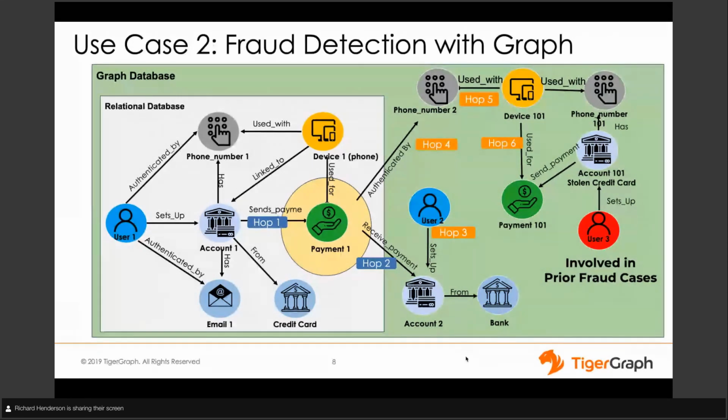If I go to the next, with a graph database, it's much easier to add extra hops. So this idea of deep linkage, finding information that's linked across the network of interactions. And here what we're seeing is that it's not until you get to 6 or 7 hops out on the right that you see that there is actually a relationship to another user who was previously involved in fraud cases. And that allows you to really get a much better view of risk associated with any particular activity associated with a user.